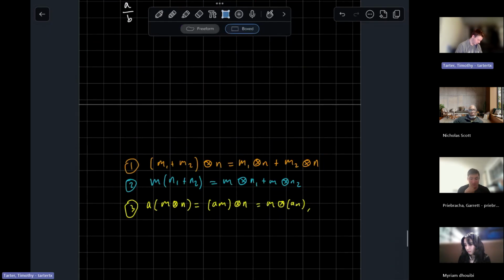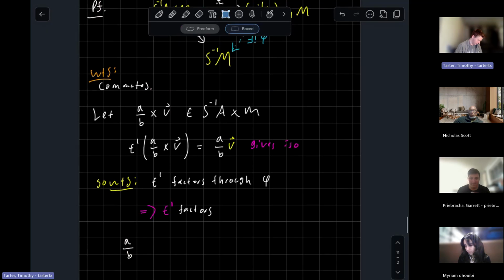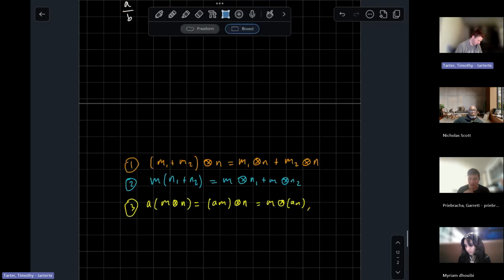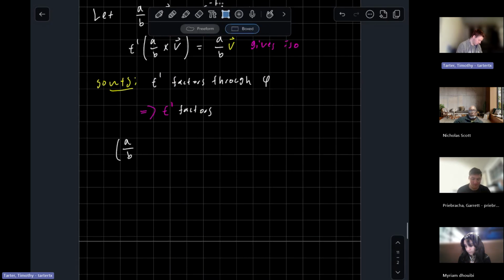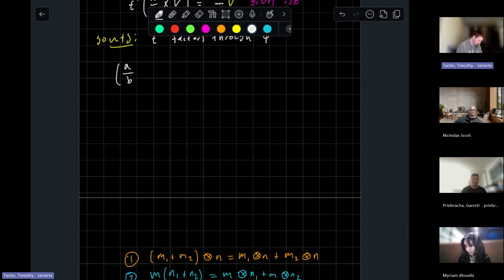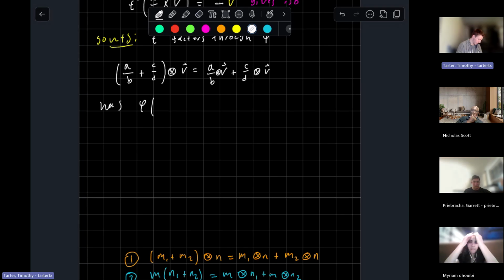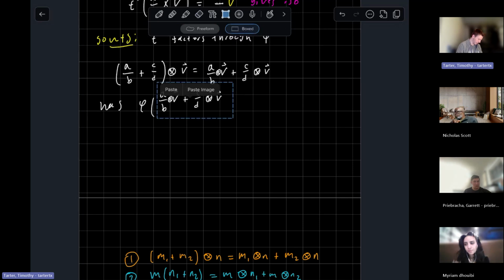This is what we got to compute. So for any M1, M2, and N, like here, we want to show that A over B plus C over D tensor product V, which is equal to A over B tensor product V plus C over D tensor product V, has phi of this thing as a linear map.